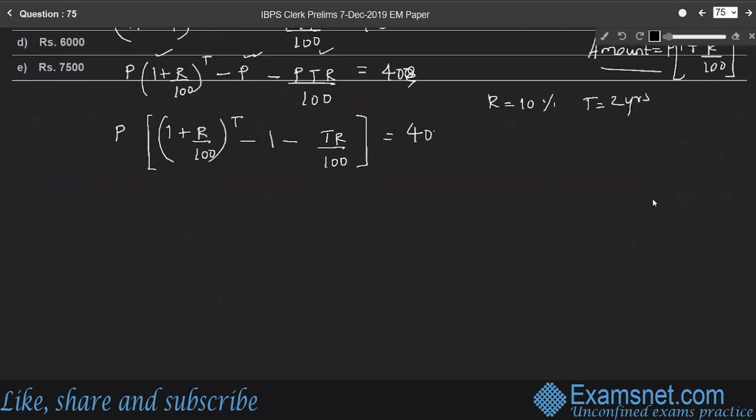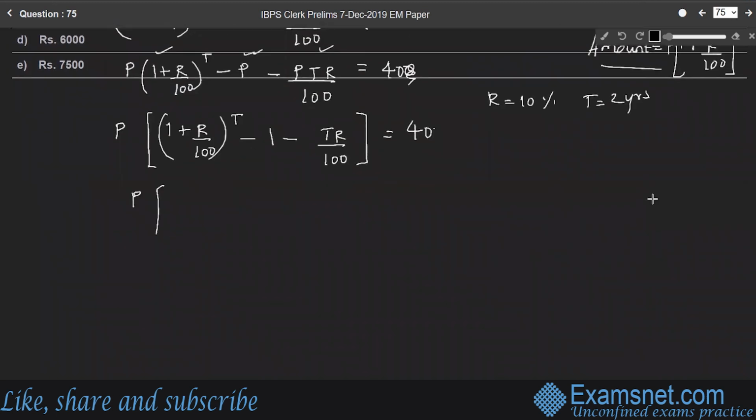So P into 1 plus 10 by 100 to the power of 2 minus 1 minus T is 2, into 10 by 100, is equal to 40.